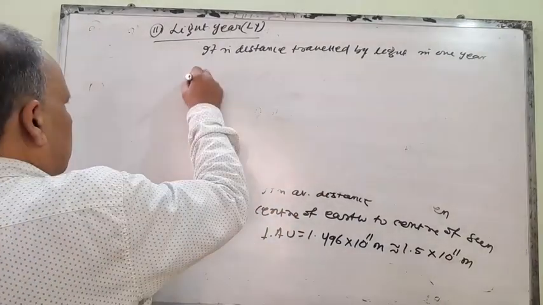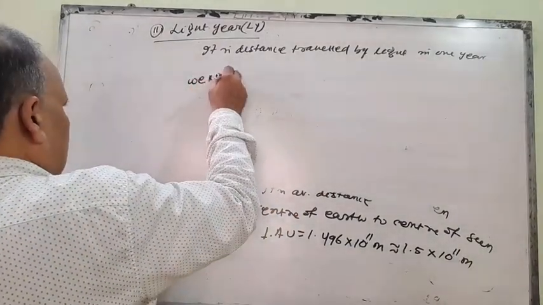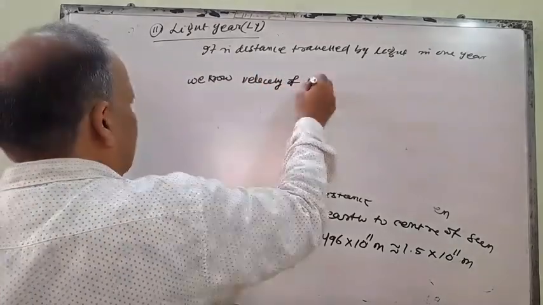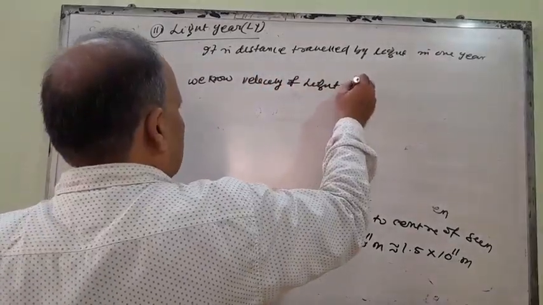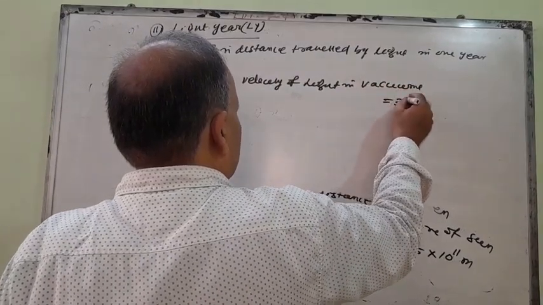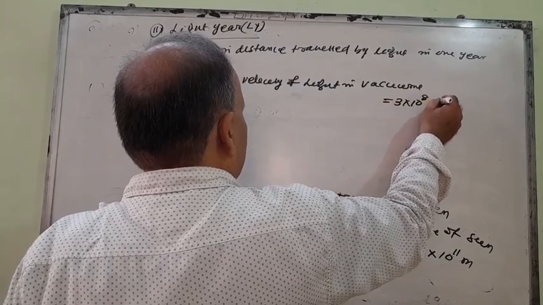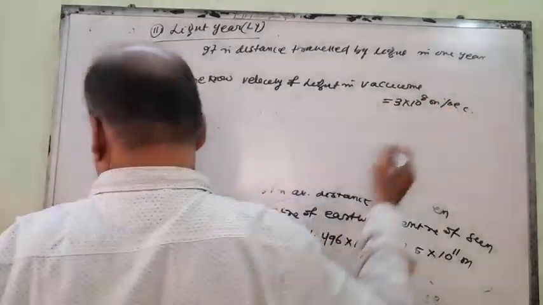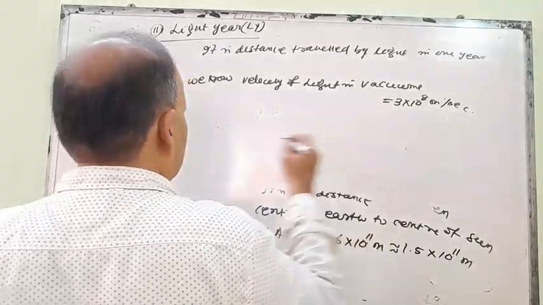You see, what is that? We know velocity of light in vacuum is 3 into 10 to the power 8 meter per second. Per second, this meter.